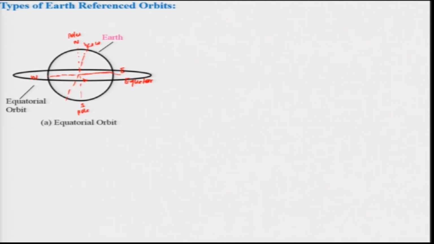It is easier to launch the satellite or the rocket vehicle from nearer to the equator. India being located near the equator, it is advantageous for India to place the satellite on the equatorial orbit.